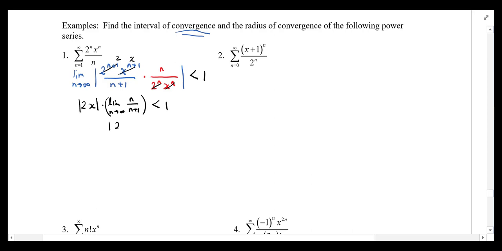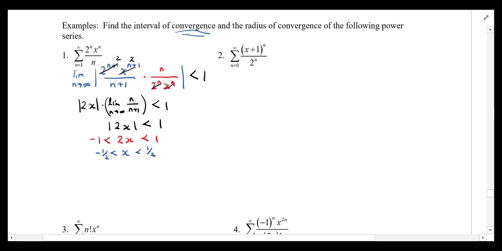So really ultimately here I have absolute value of 2x is less than 1. And if I want to write that as an interval, I can write it like this. Negative 1 is less than 2x, which is less than 1. And solving, I can then say, yeah, x must be between negative 1/2 and positive 1/2.